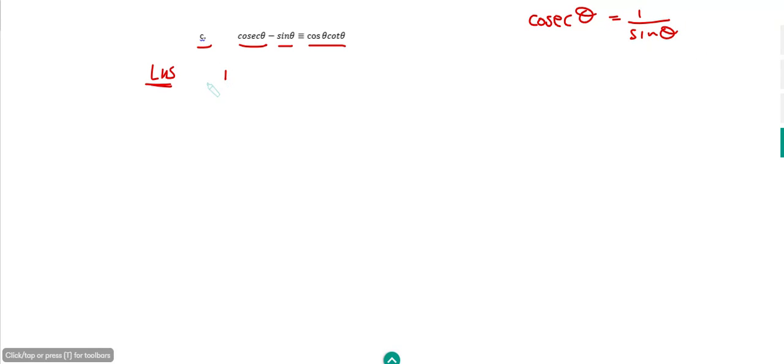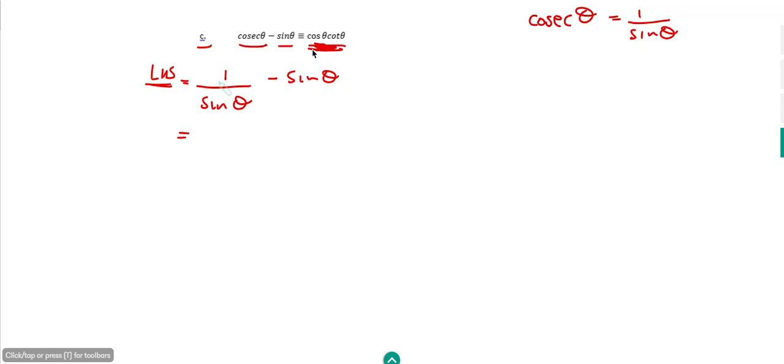And so we get 1 over sine theta minus sine theta as the left-hand side. And these are a little bit of trial and error. Sometimes you have to mess about with these until it just drops out as to what you want. So you might go down a few blind alleys trying to find what you want. But then eventually, hopefully, you find that you can show that this left-hand side equals the right-hand side.